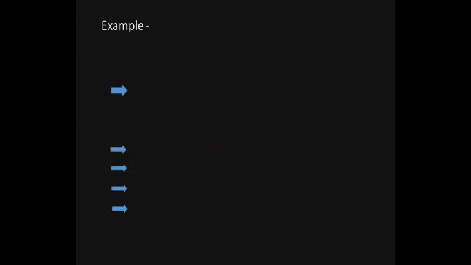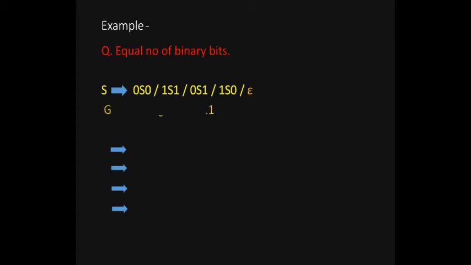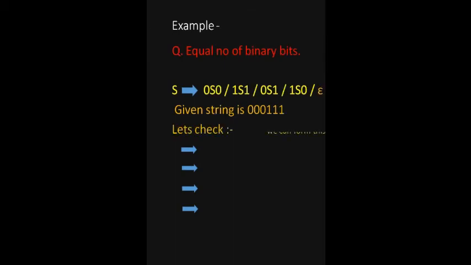Now let us take another example where we will try to find an equal number of binary bits. We can form an equal number of binary bits using any of the following grammars, but here we are given a string 000111 which we are supposed to derive. As we can see, this string can be obtained by using the third grammar, that is 0S1.